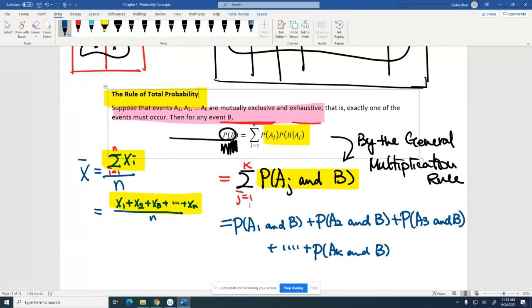Please try to understand the notations in the sample mean. And without the formula, please remind yourself how you got the average. Yeah, it's basically we just take the sum divided by n. That was the basic idea to get the average.